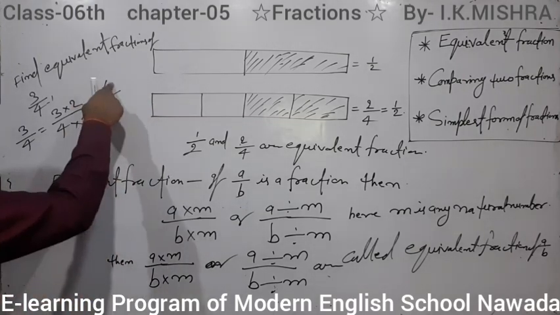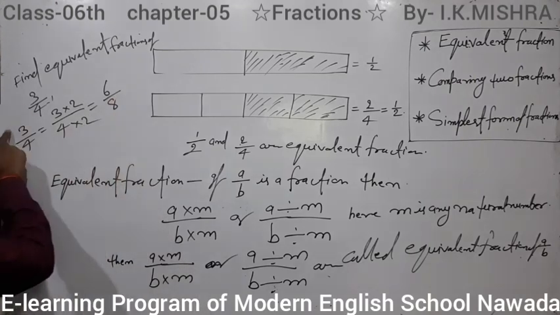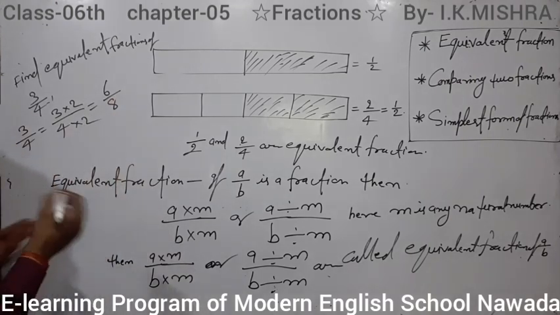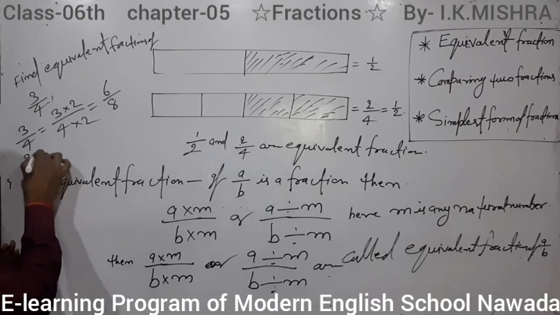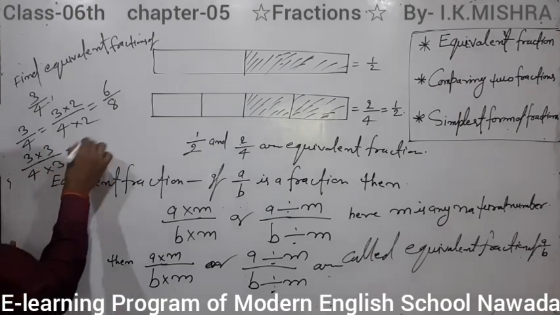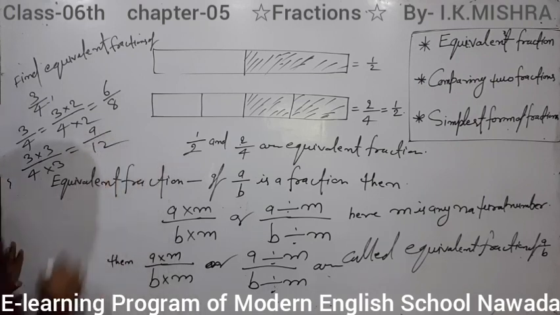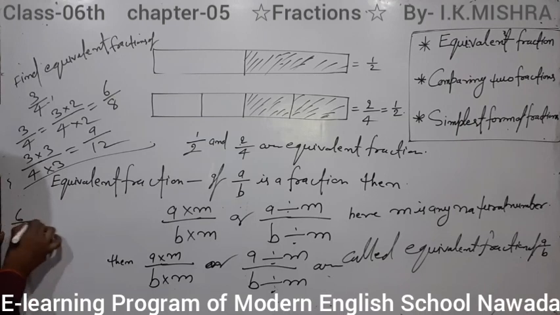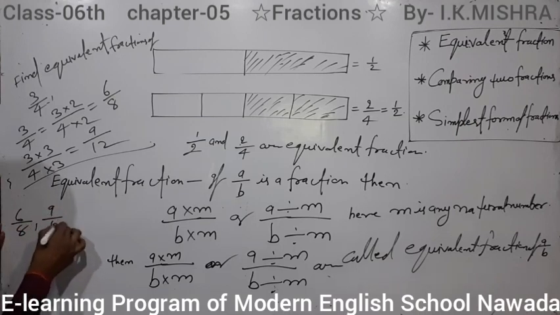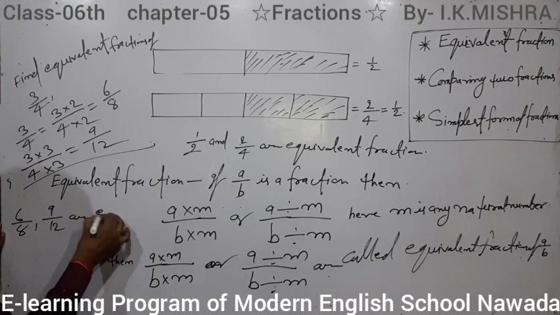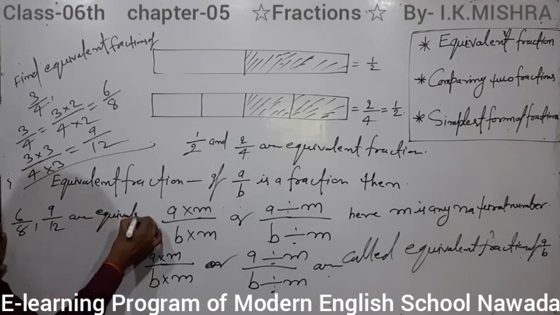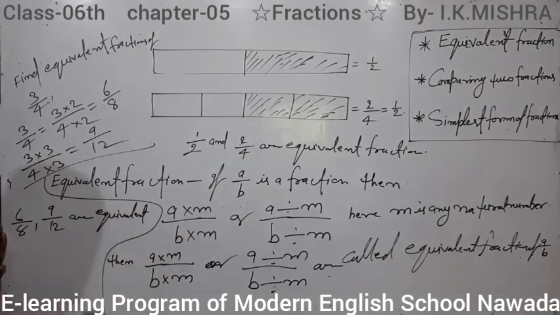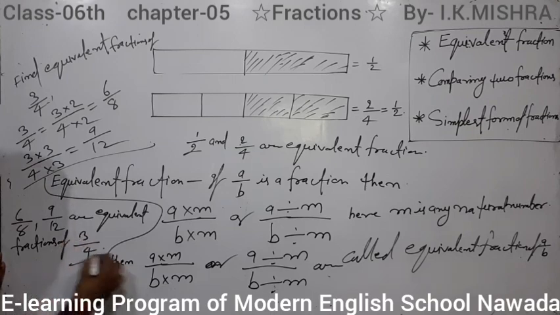Students, 6 by 8 is equivalent to 3 by 4. You can also write 3 by 4 into 3 upon 3 is equal to 9 by 12. Observe, 6 by 8 and 9 by 12 are equivalent fractions of 3 by 4.